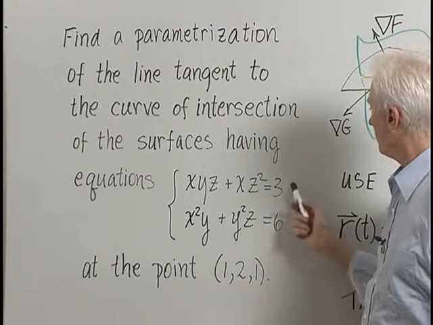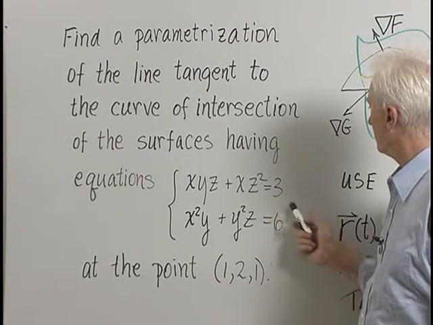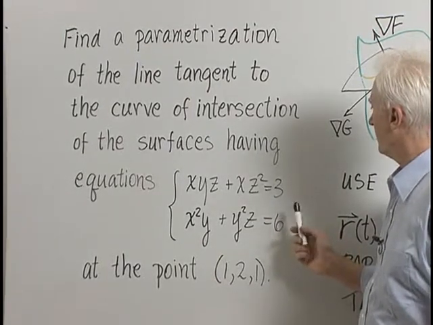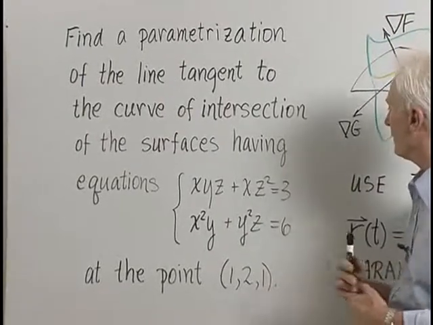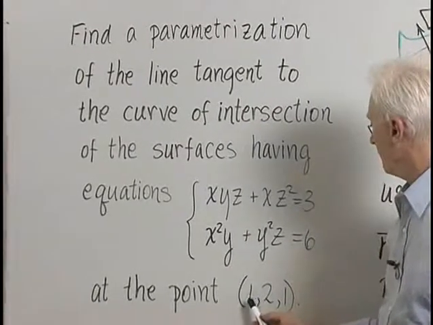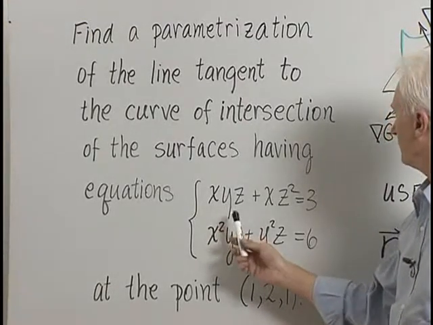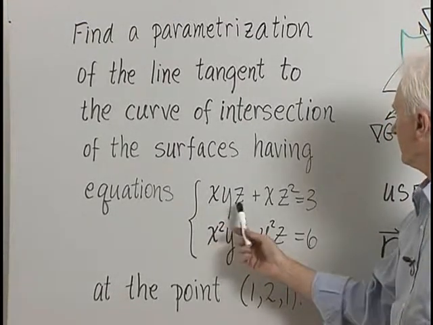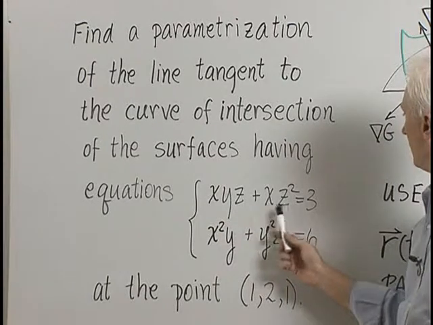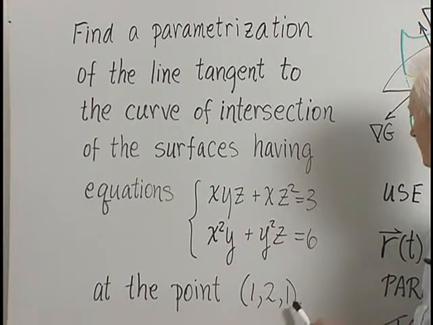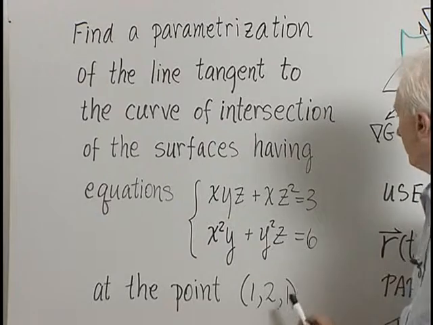Notice each one of these equations is the equation of a surface, and so consequently they should intersect in some curve. And how about this point 1, 2, 1? If I put x equal 1, y equal 2, z equal 1, this is 2, this is 1, 2 plus 1 is 3, so that point is certainly on this surface.